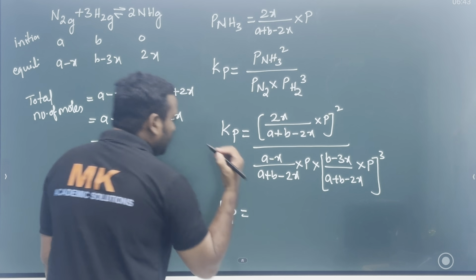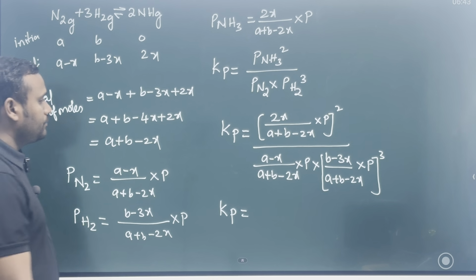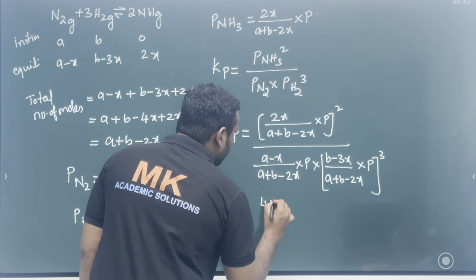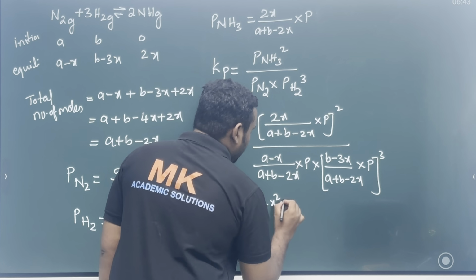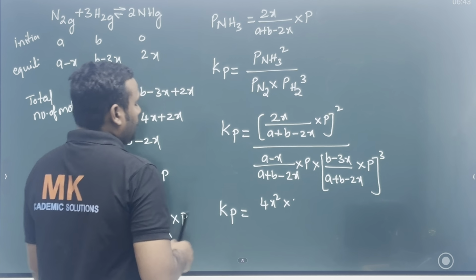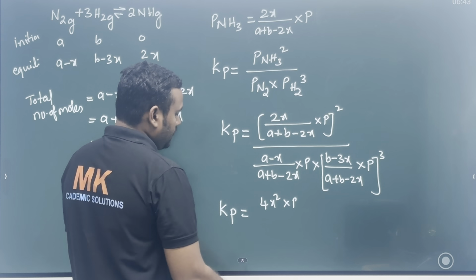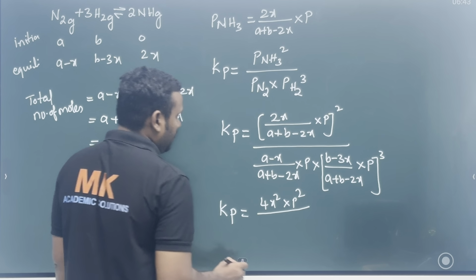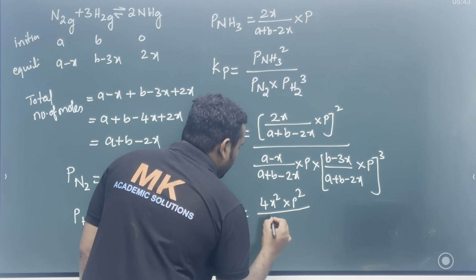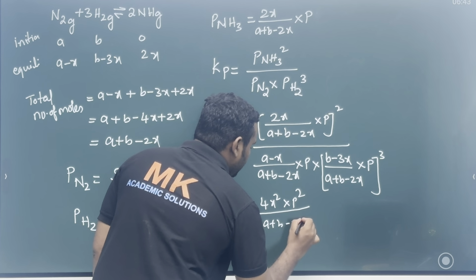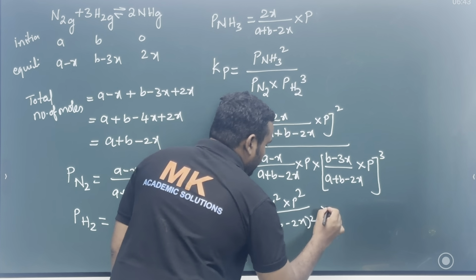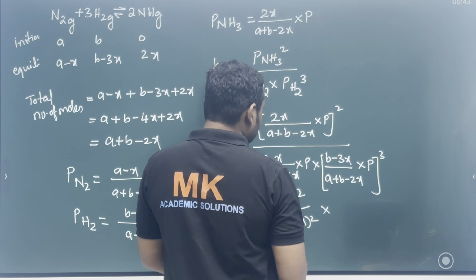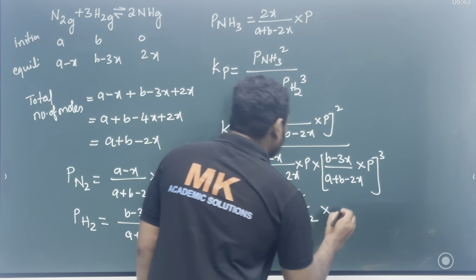Here the square you multiplied into the bracket, 4x square into P square by A plus B minus 2x whole square, into, so this you make inversion.